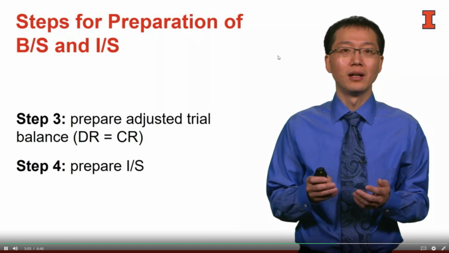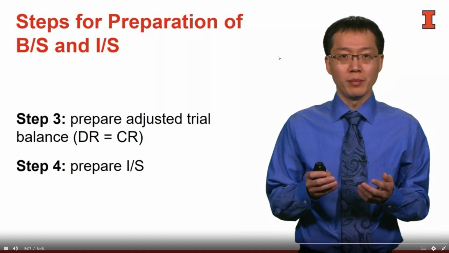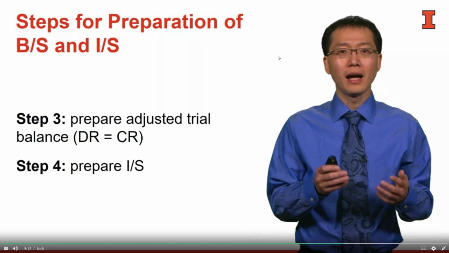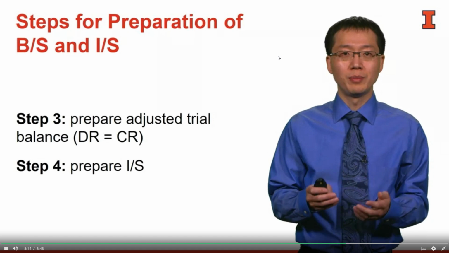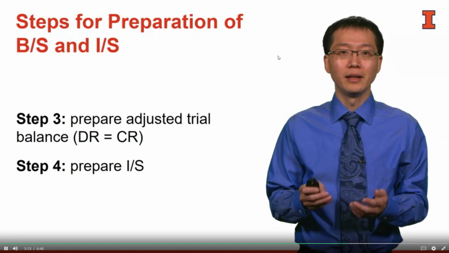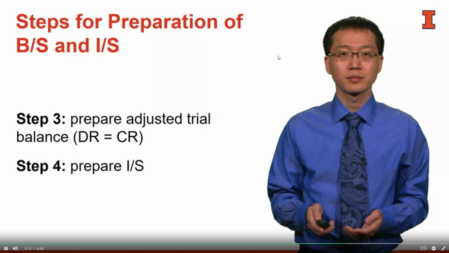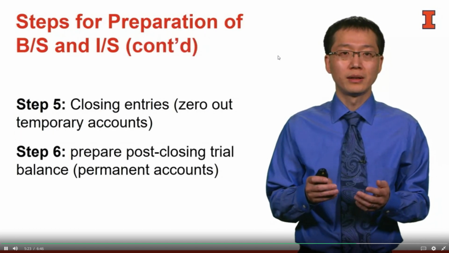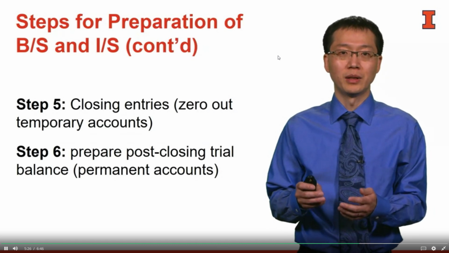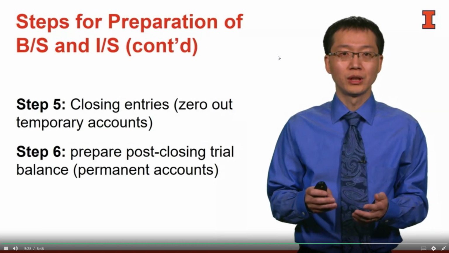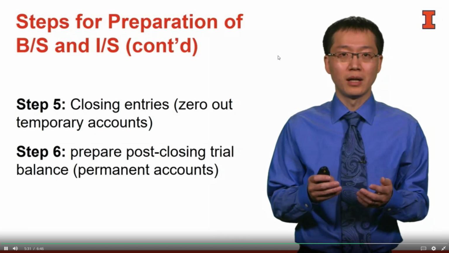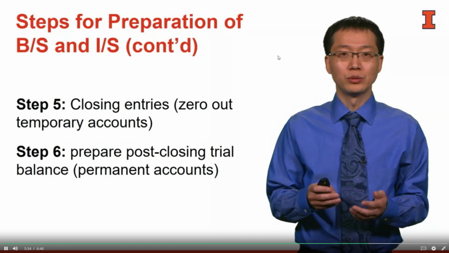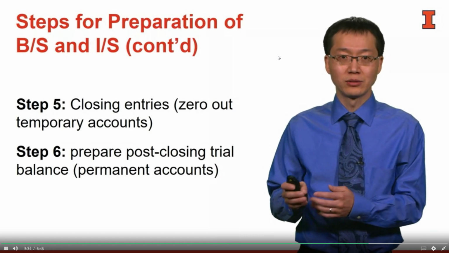So this is the step where you may want to go slow and be careful. After this, you should be able to prepare the income statement. In the next step, you need to close all the temporary or income statement accounts. In other words, you transfer the amount of the net income from the income statement to the retained earnings account.